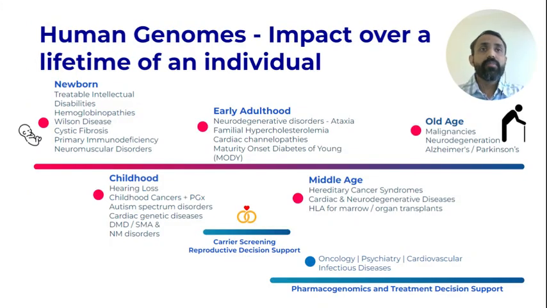The other thing that you need to keep in mind is that a whole genome sequencing is for a lifetime. The germline genome is pretty constant from the day you're born to the day you are dead, because practically all the trillion odd cells that we have is produced from dividing a single cell.